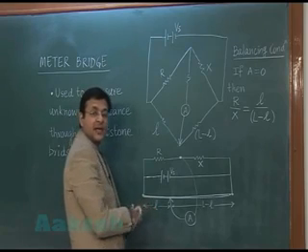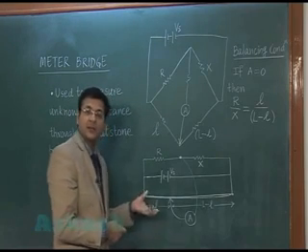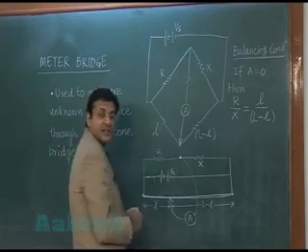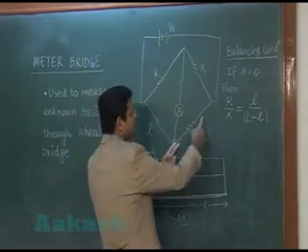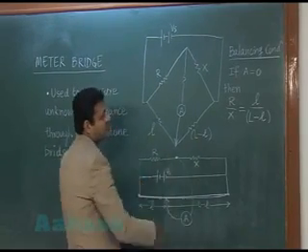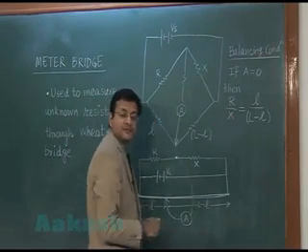Why? Because you have read that resistance is directly proportional to length. So this much length is representing this resistance and this much length is representing this resistance. Therefore, here also this formula will be used.